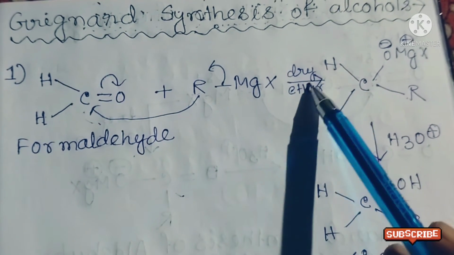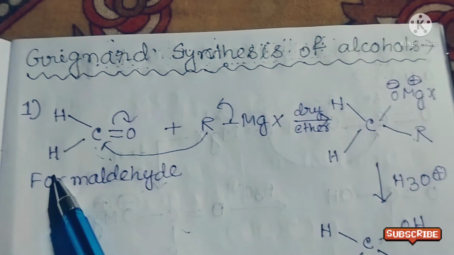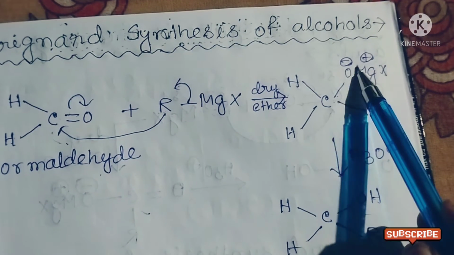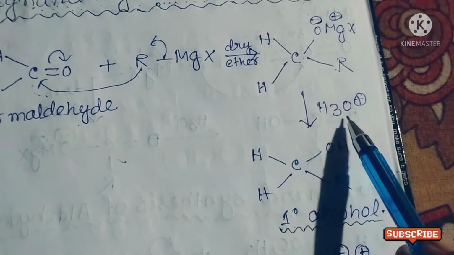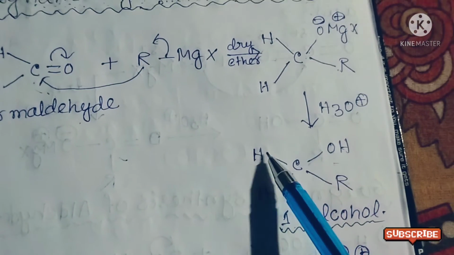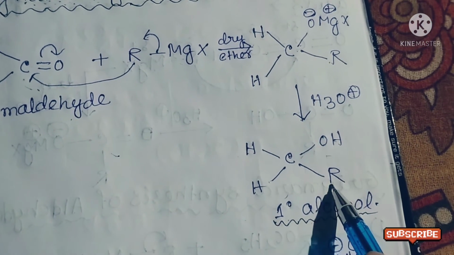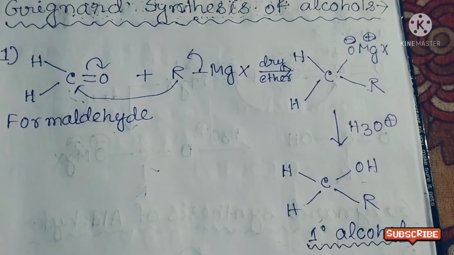And in the presence of diethyl ether, we get this compound. Here H and H on the same C, R is added here and O minus MgX plus. Now, when we treat this with H3O plus, we get H, here OH is added and this is R, and what do we get? A 1 degree alcohol.